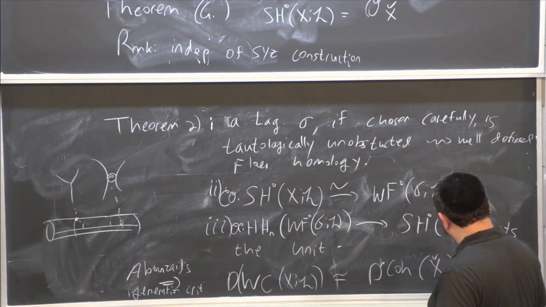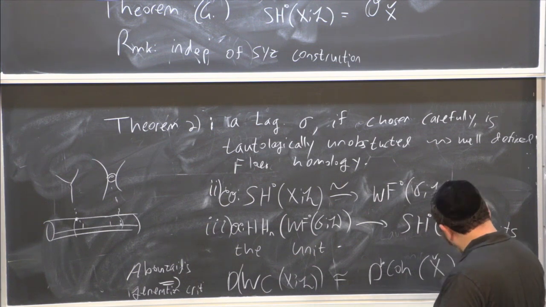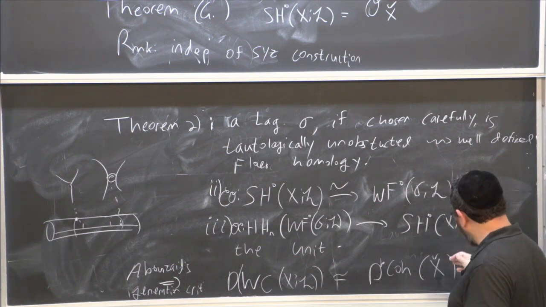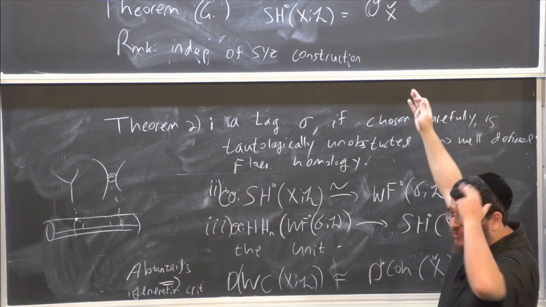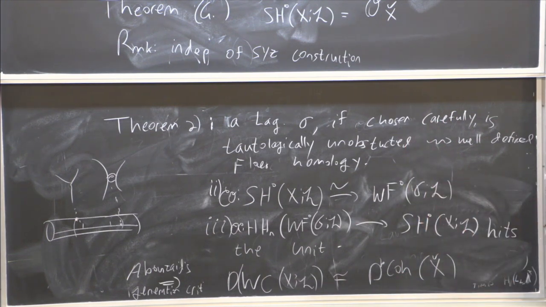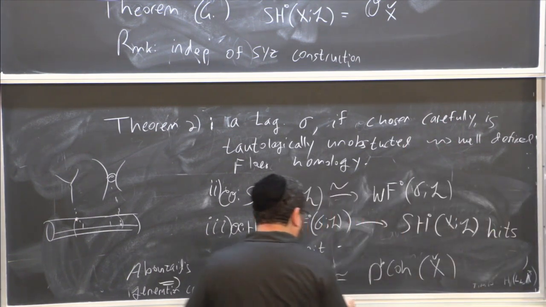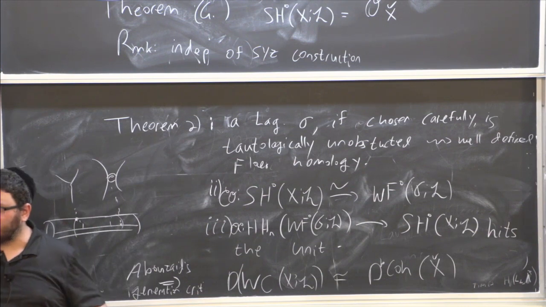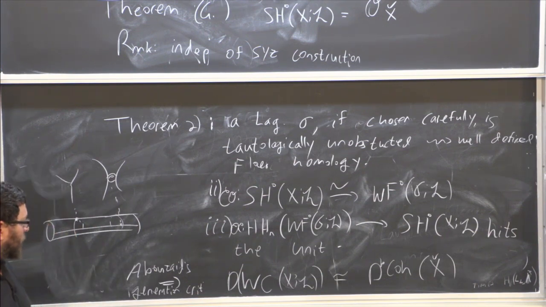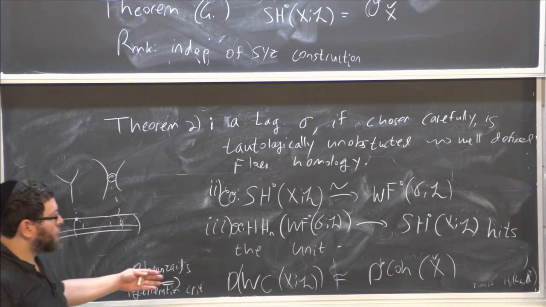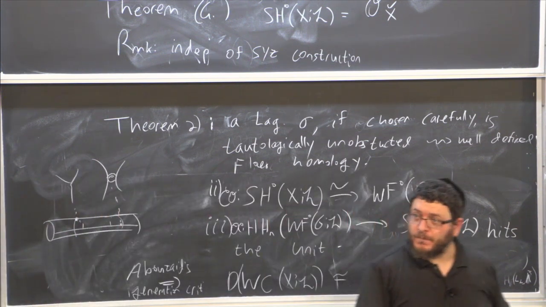So it's the same thing as finitely generated modules over this SH^0. So taken together, all these statements give us a quite explicit description of the Fukaya category, and in particular, they give us homological mirror symmetry.